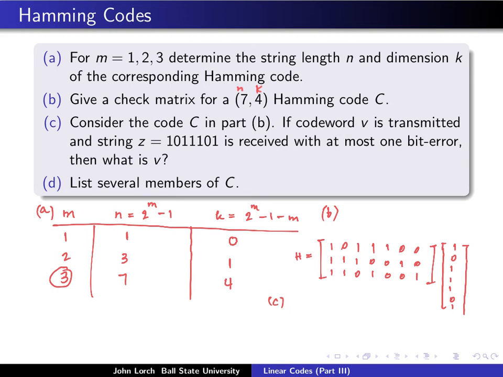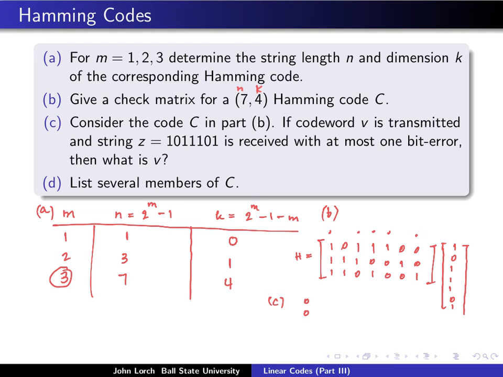So notice that in this matrix product, what we're doing is adding together the first, third, fourth, fifth, and seventh columns of H to get this product. So let's see what that is. I get 0 in the top, and then here I get 1 plus 1, again a 0.